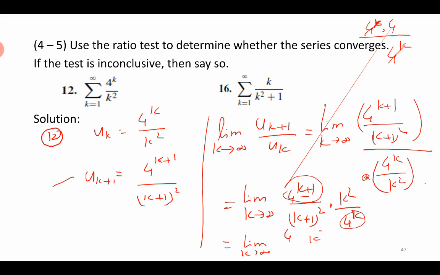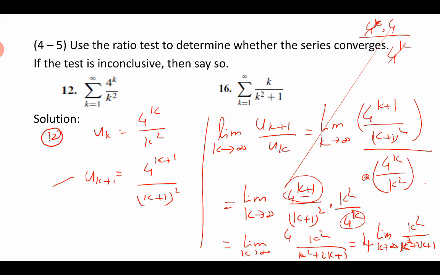This one is k square, and expand the denominator: k square plus 2k plus 1. Now 4 is a constant, keep it outside. Limit as k goes to infinity of k square over k square plus 2k plus 1. Use the concept of end behavior of polynomials. The degrees of k are the same, isn't it? And therefore the coefficients are 1 over 1.